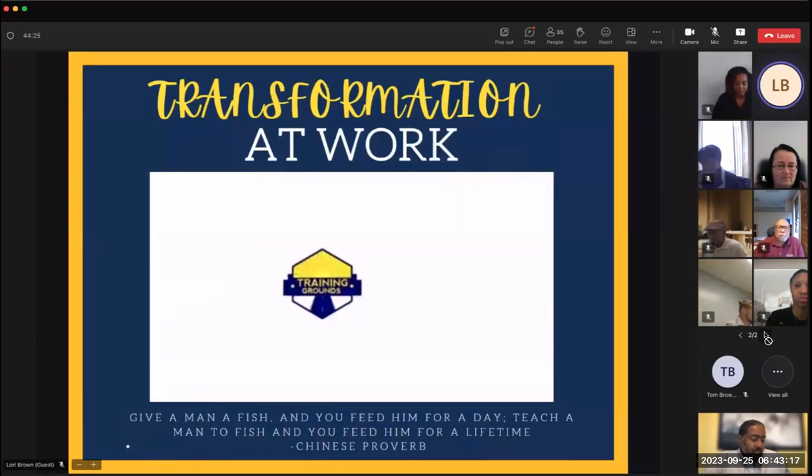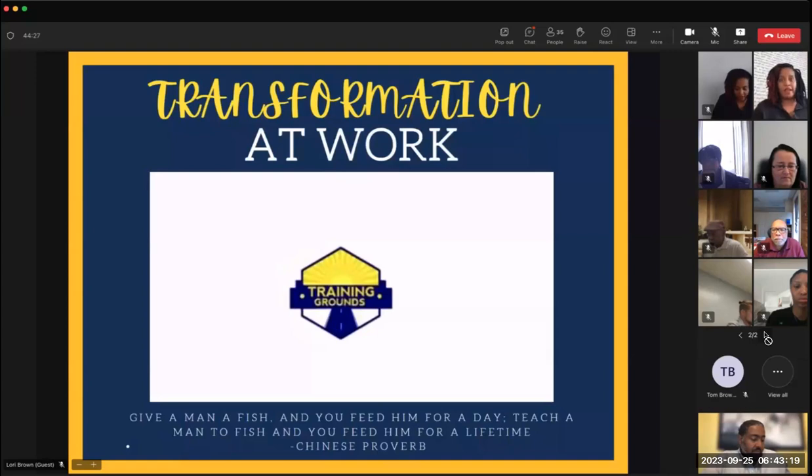Give a man a fish and you feed him for a day. Teach a man to fish and you feed him for a lifetime. This is a Chinese proverb that I think most of us have heard, but this is actually a technique that we have seen come to life during our work inside of the workforce development space.